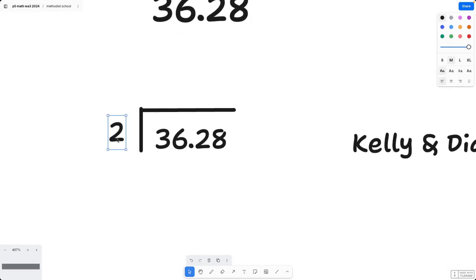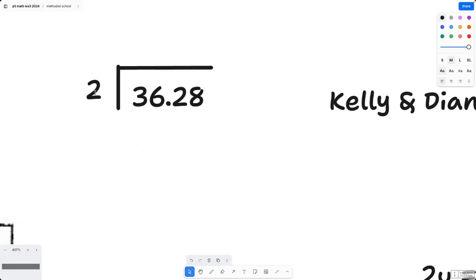So we can minus 2 from 36, and we will just put 1 here, and then this will give us 1.